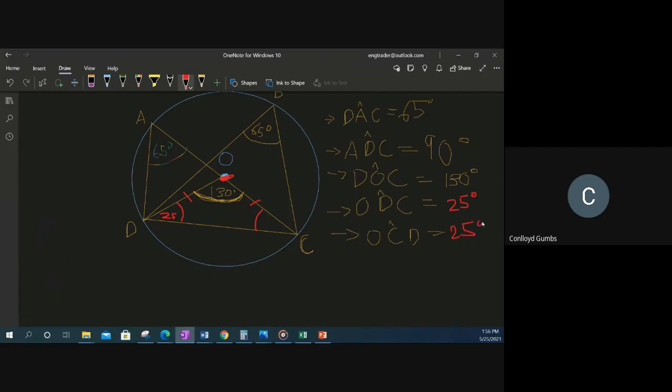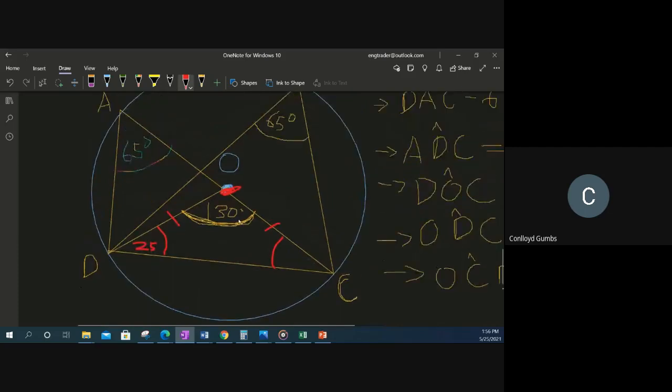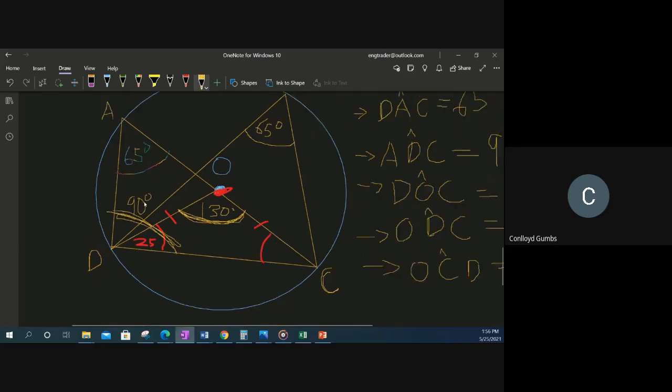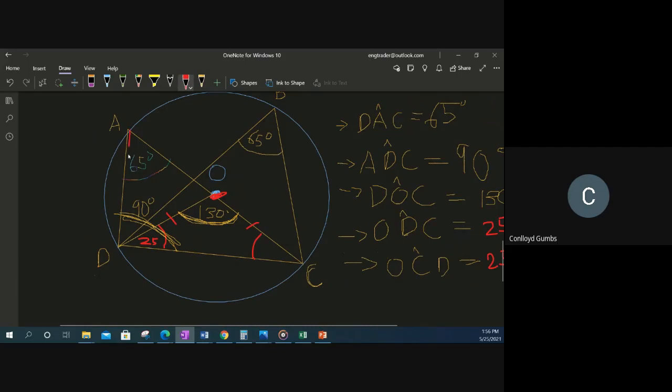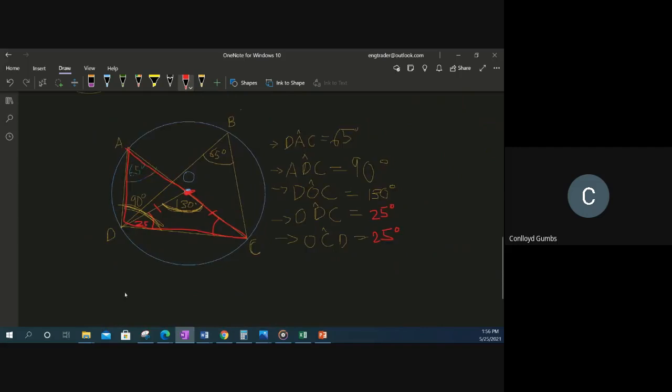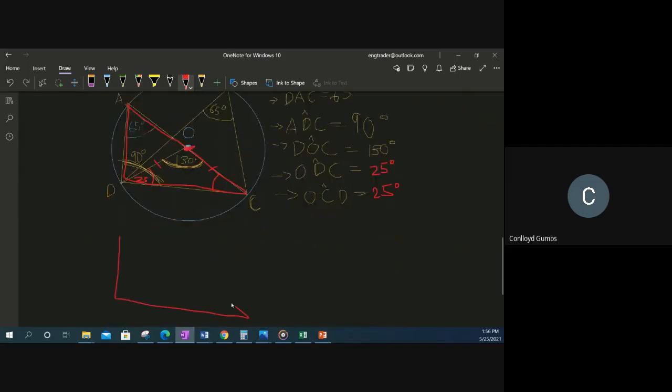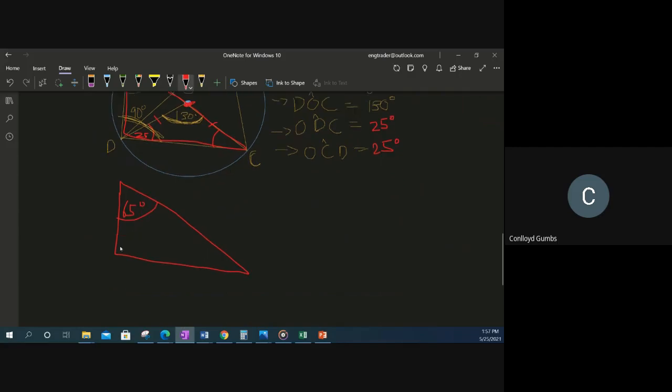However, I want to show you something else with OCD. If you look at OCD, we figured out that this is 65, but we know that this overall angle here is 90. If I was to separate this as a different triangle and put it here, here is 65, here is 90.